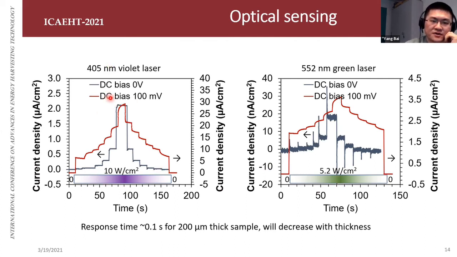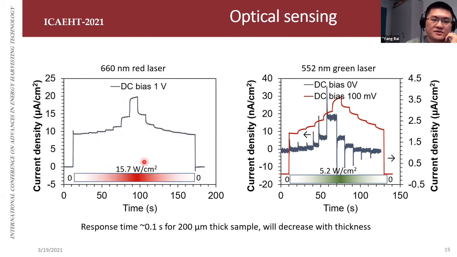So you see, if we put different DC bias, the change in the magnitude, or the orders of magnitude, of the output would be different for different wavelengths. You see here is a vast difference, and here you get a more similar difference between with bias and no bias. And for the red laser, the difference would be even more obvious.